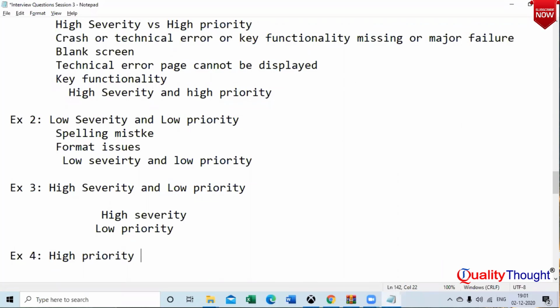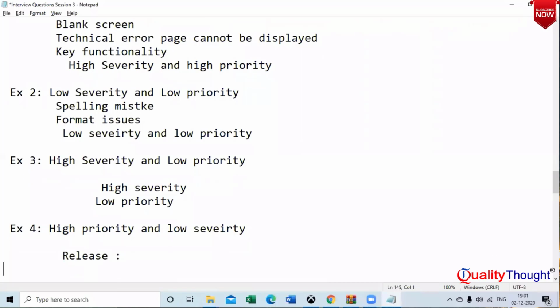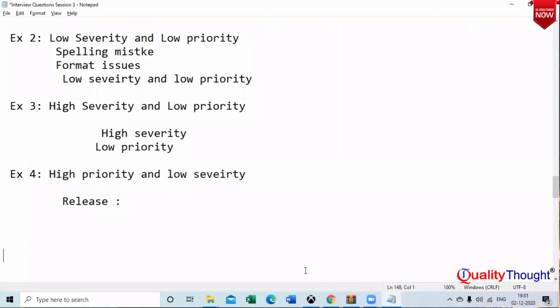So when such a scenario exists, high priority and low severity, let us say we are working on a release, and this release is having a couple of sprints: sprint 1, sprint 2. That's one release with multiple sprints, sprint 3, sprint 4.